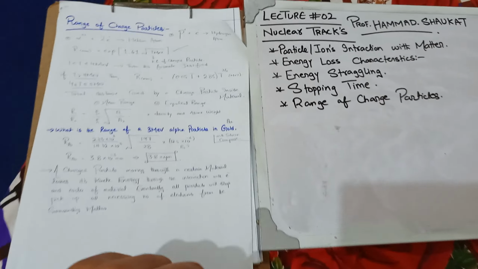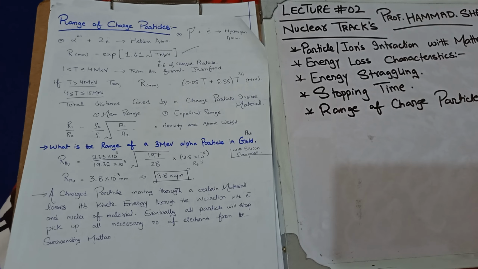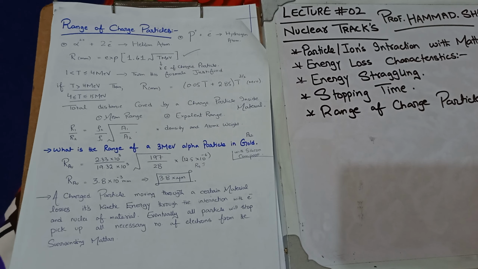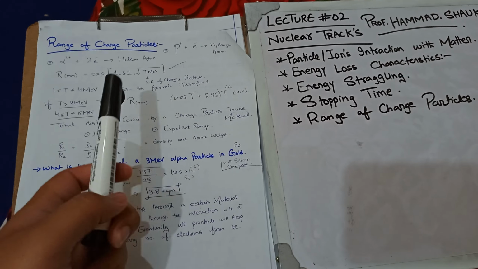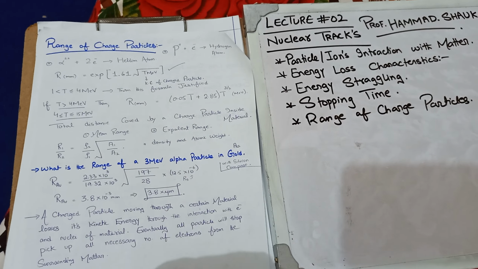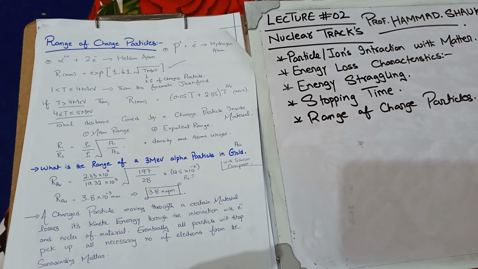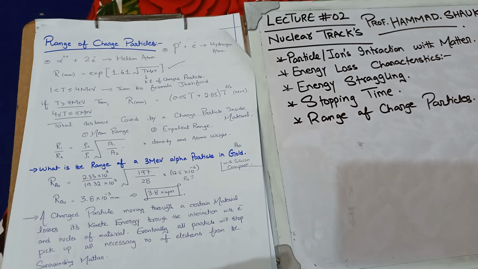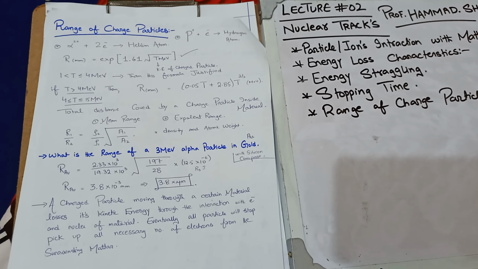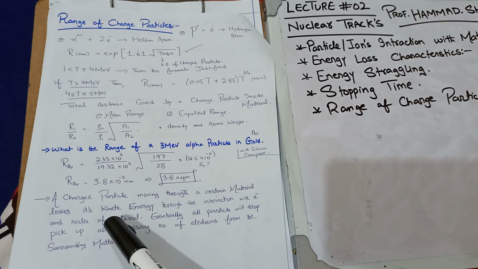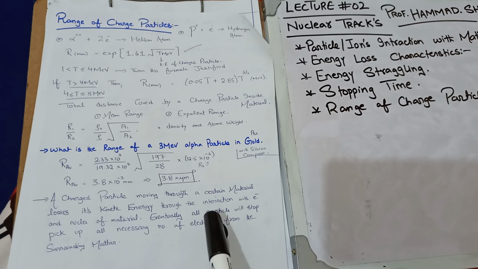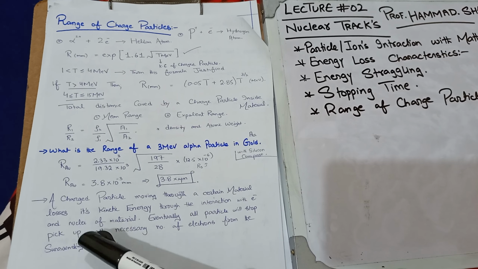Our next thing is we have to study the range of charged particles. To study the range of a charged particle, first of all I have to let you know that a charged particle moving through a certain material loses its kinetic energy, through interaction with the electrons and the nuclei of the material.